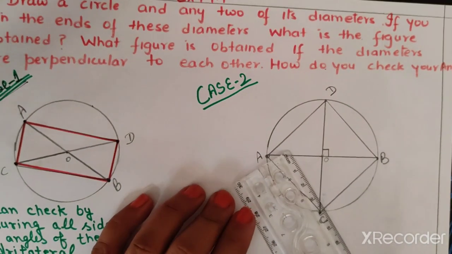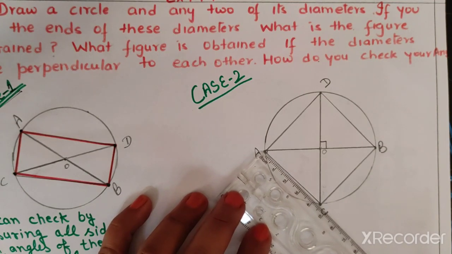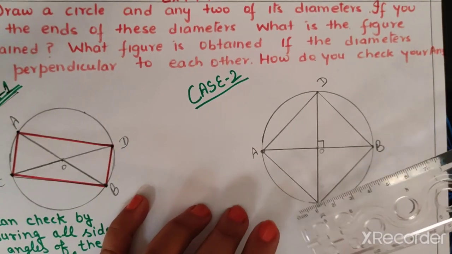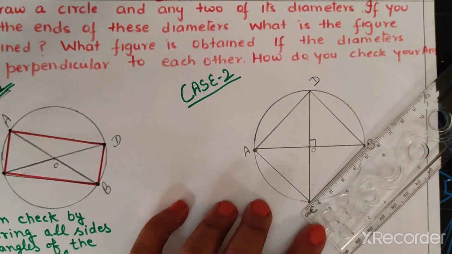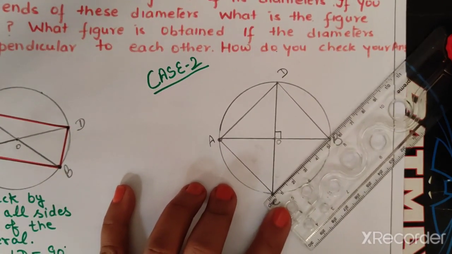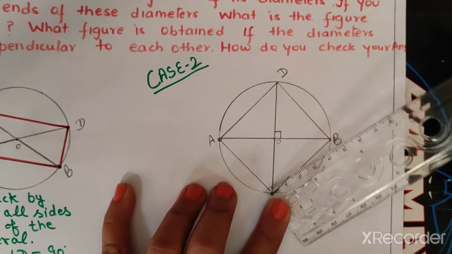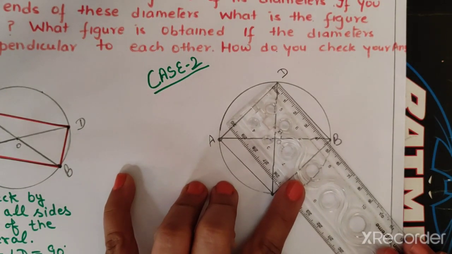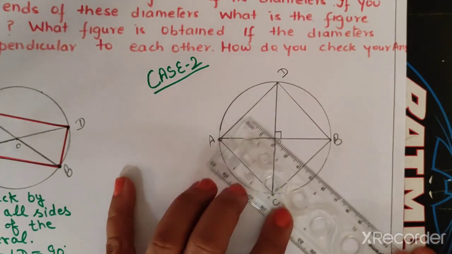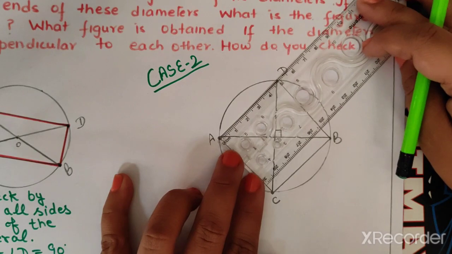The length of side AC is 4.5 centimeter. You can get any length, but we are going to get the same length here. BD is also 4.5 centimeter and AD is also 4.5 centimeter, right?